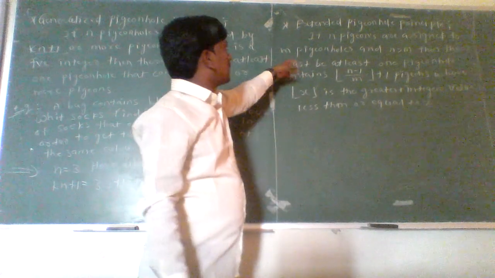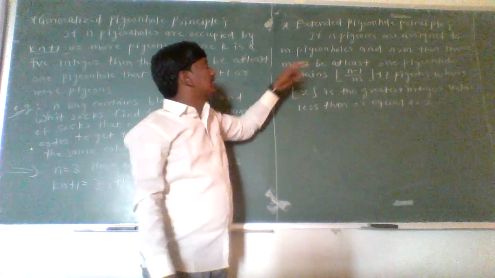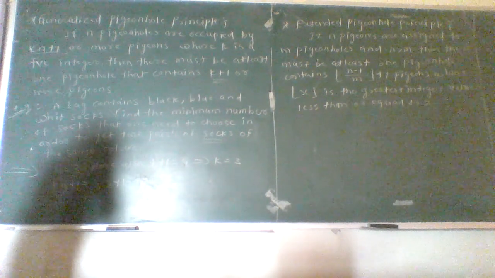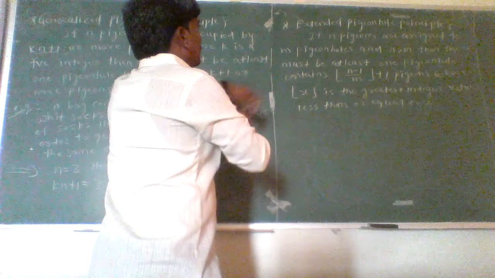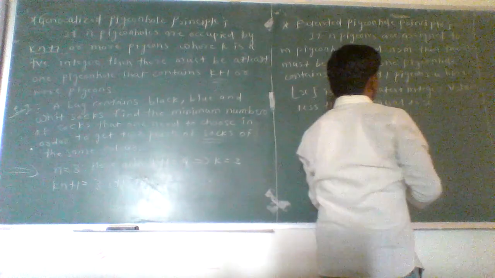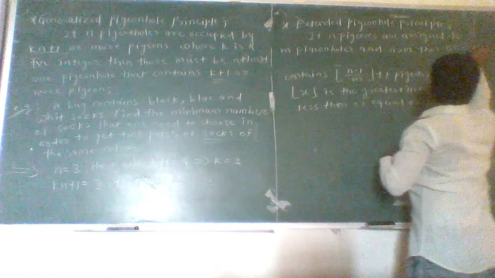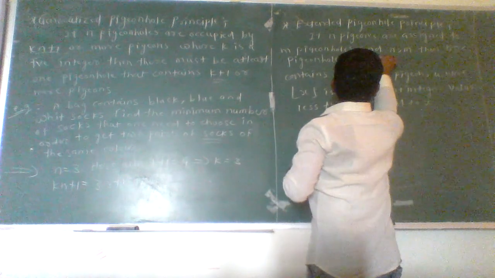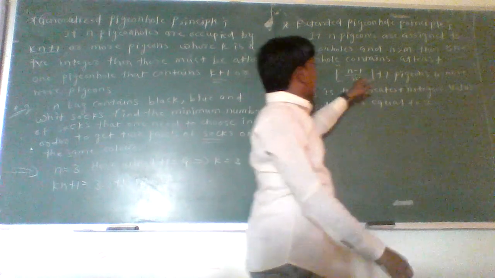So, suppose there are m pigeons which are assigned to n pigeonholes, and the number of pigeons is greater than the number of pigeonholes, then there must be at least one pigeonhole that contains at least the greatest integer function of (m minus 1) upon n, plus 1 pigeons.